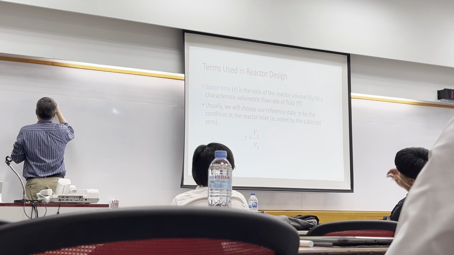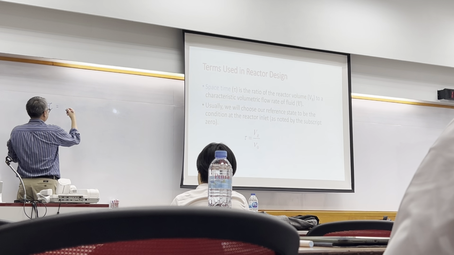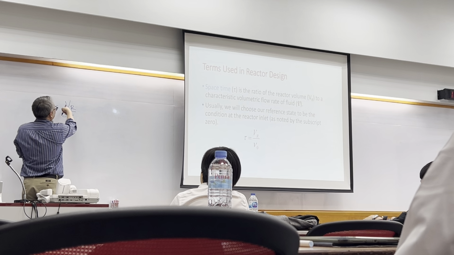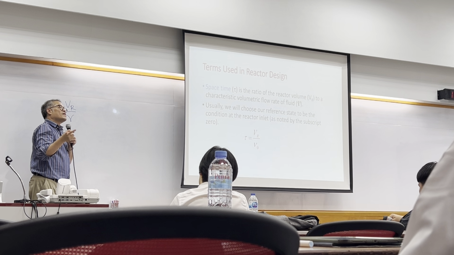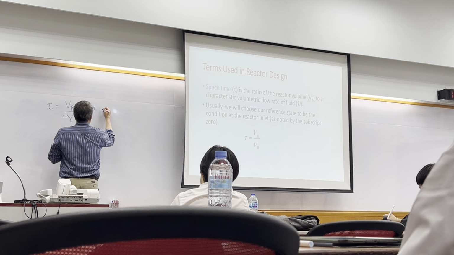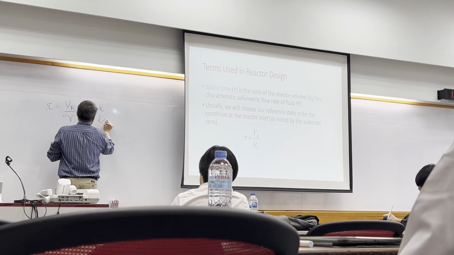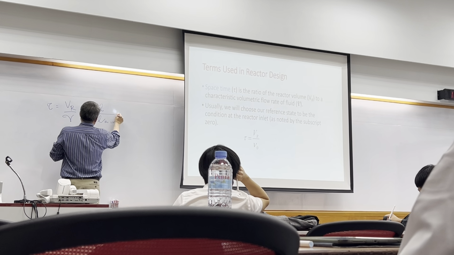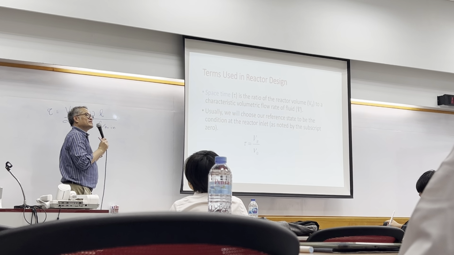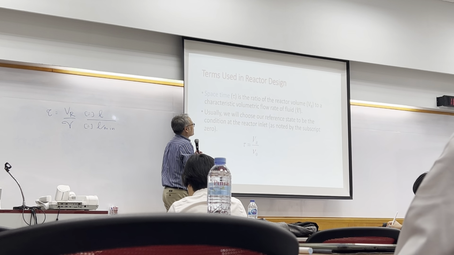Space-time is tau, a Greek T. So tau equals V_R divided by v. V_R is the volume of the reactor, so it may have a unit of liter, and then v will be maybe liter per minute. You divide this, you get the space-time has a unit of time. That's why I call it space-time, okay?